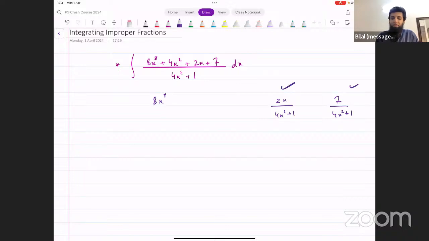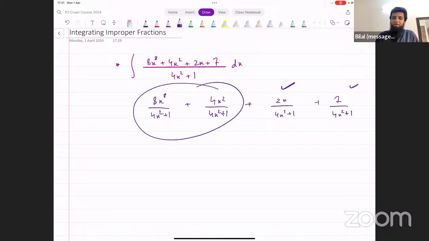These 2 can be integrated, but what about 8x cubed over 4x squared plus 1? What about 4x squared over 4x squared plus 1? How do you integrate these 2? These 2 are going to cause problems, okay? So splitting the numerator is also not going to work.